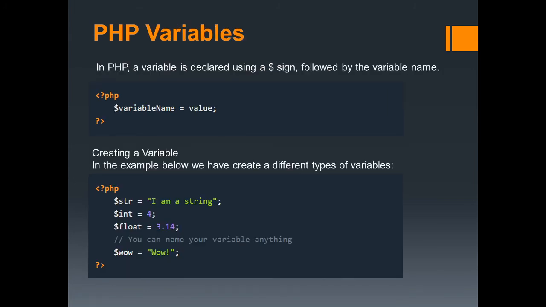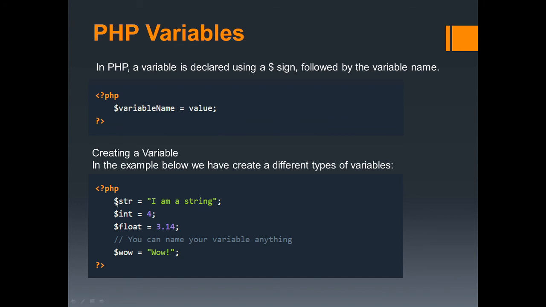So next, in PHP, a variable is declared using a dollar sign followed by the variable name. So when you declare a variable, the variable name can be anything, equals value. Creating a variable, example below, we create different types of variables. A string, I am string.